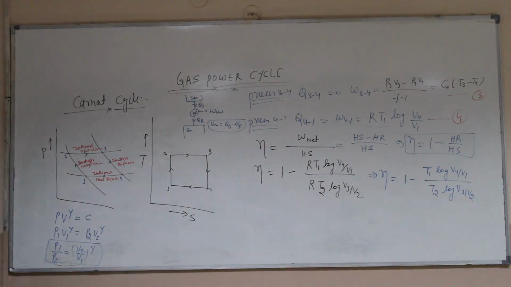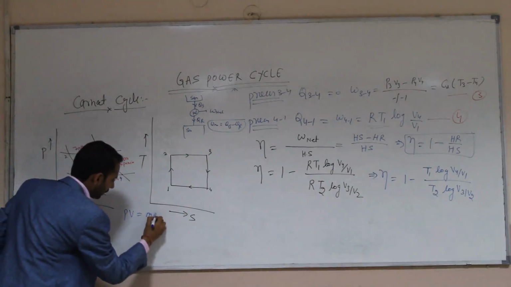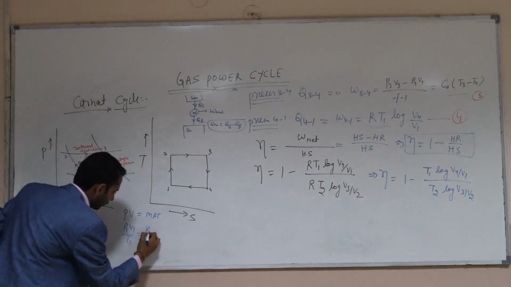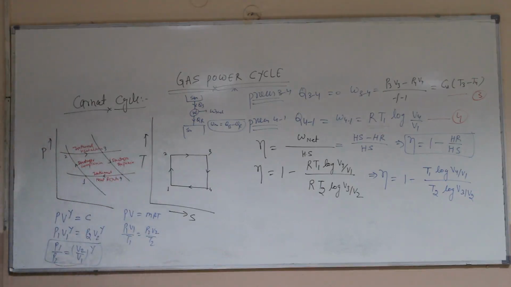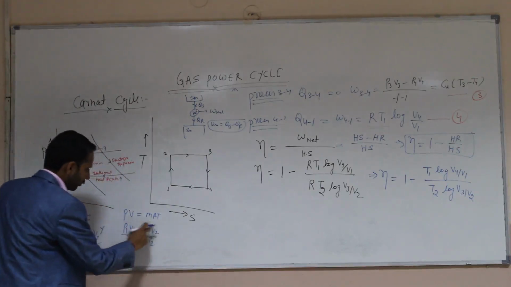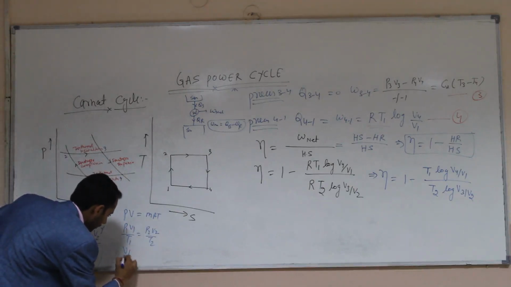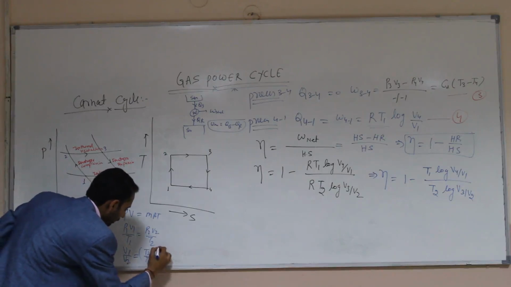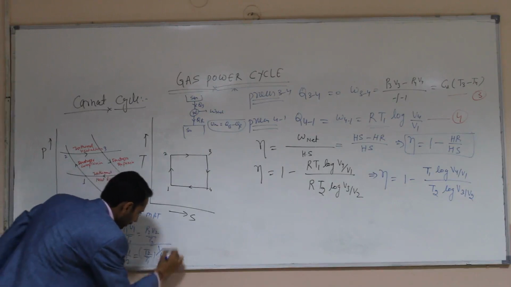gamma. Now, if we are dealing with PV is equal to mRT, then P1 V1 by T1 is equal to P2 V2 by T2. So, if we relate equations 1 and 2 in terms of temperature, then it comes out to be V1 by V2 is equal to (T2 by T1) to the power 1 divided by 1 minus gamma.